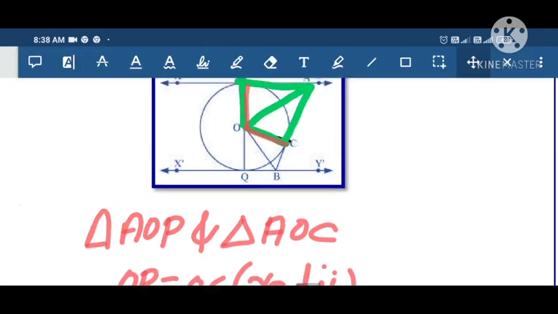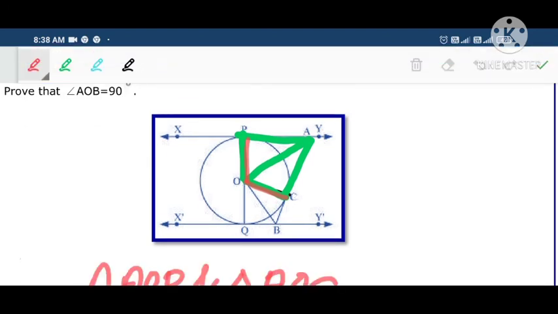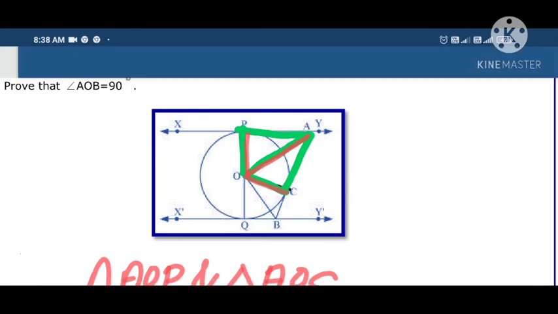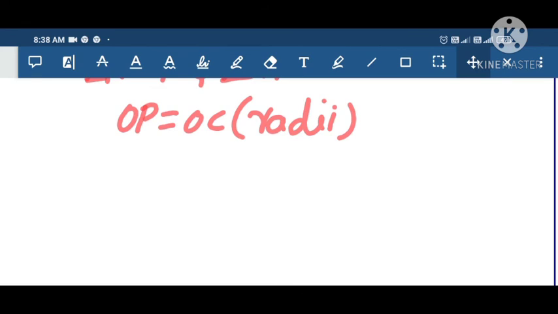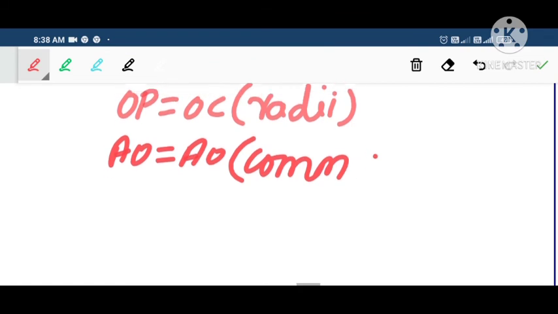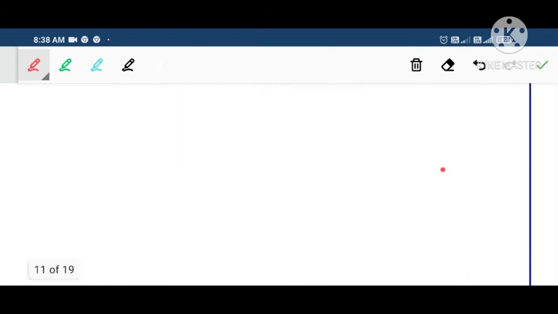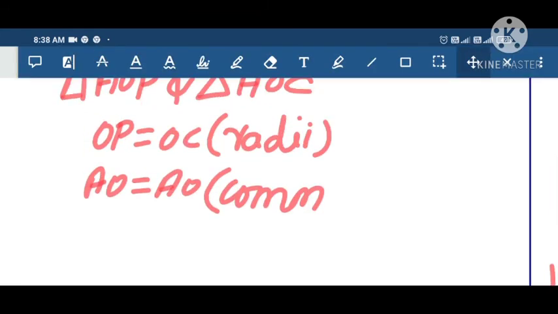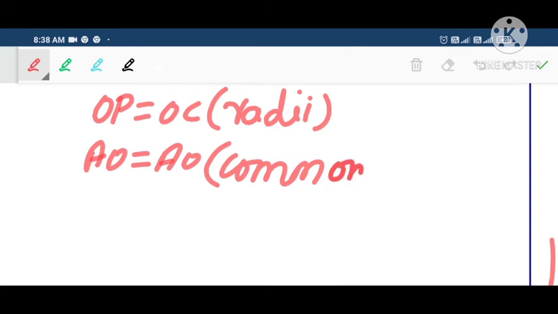Next, I take the side OA. OA is the common side for the two triangles. So AO is equal to AO, by the common side.